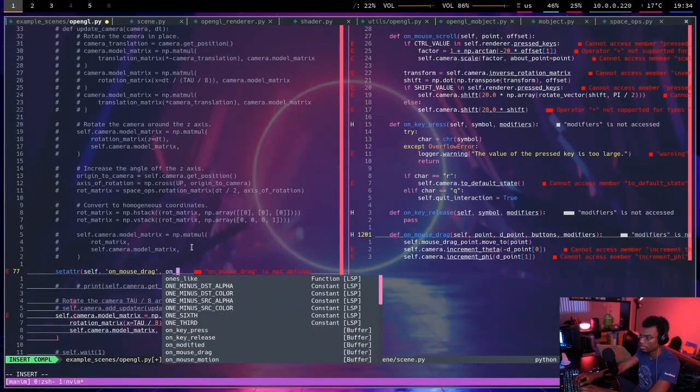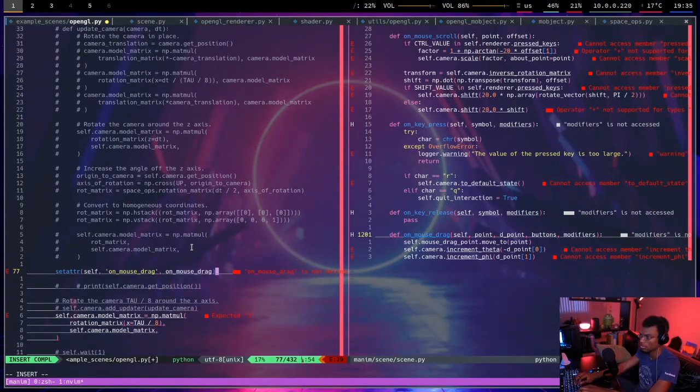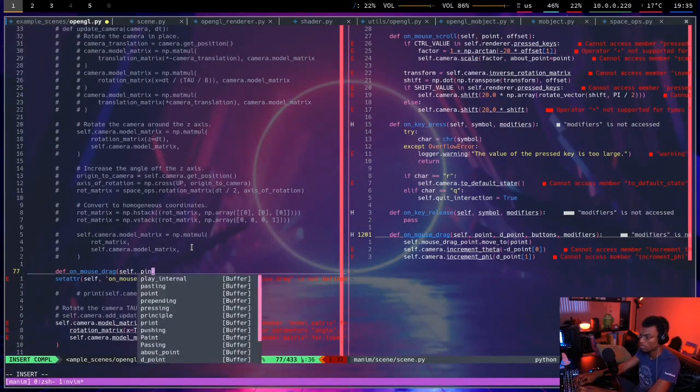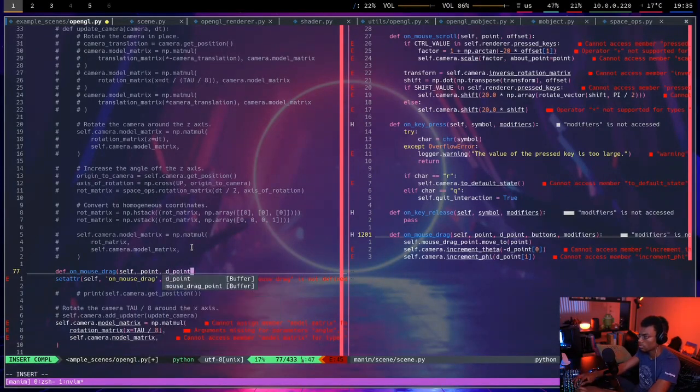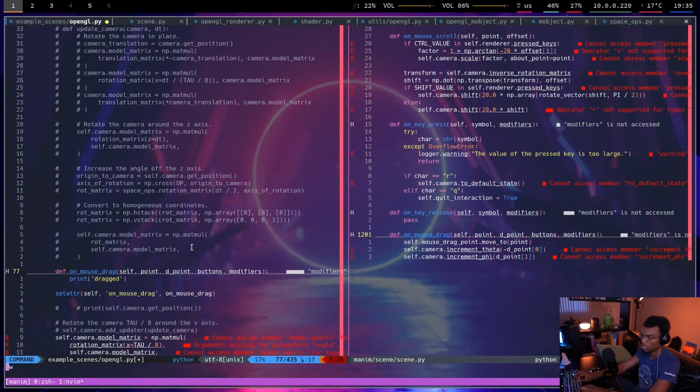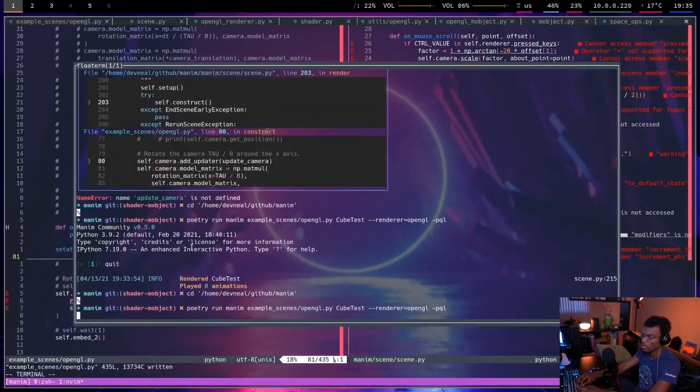Then I'll write my own. Buttons, modifiers. I'll just print dragged or something, just so I can see if that's working.